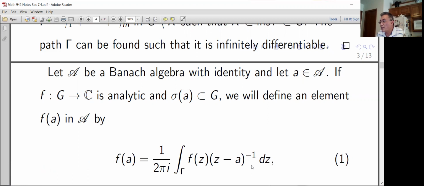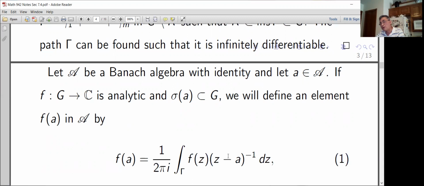Please notice that if we replace this A by a complex number zeta, and if zeta is inside gamma, then we have this formula.